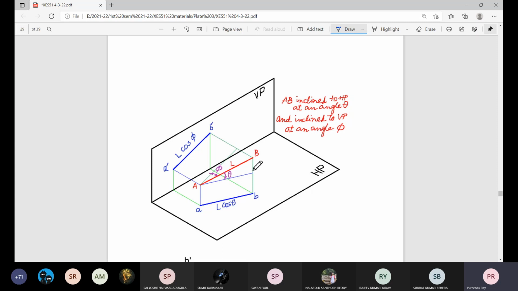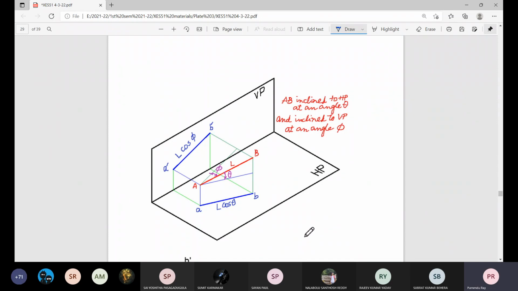So these are different orientations of the line, and this is the general form of the line. The line AB of true length L making true angle theta with the horizontal plane and true angle phi with the vertical plane. Now in this case, neither plan nor elevation will show you the true length. Length of plan will be L cos theta, length of elevation will be L cos phi.